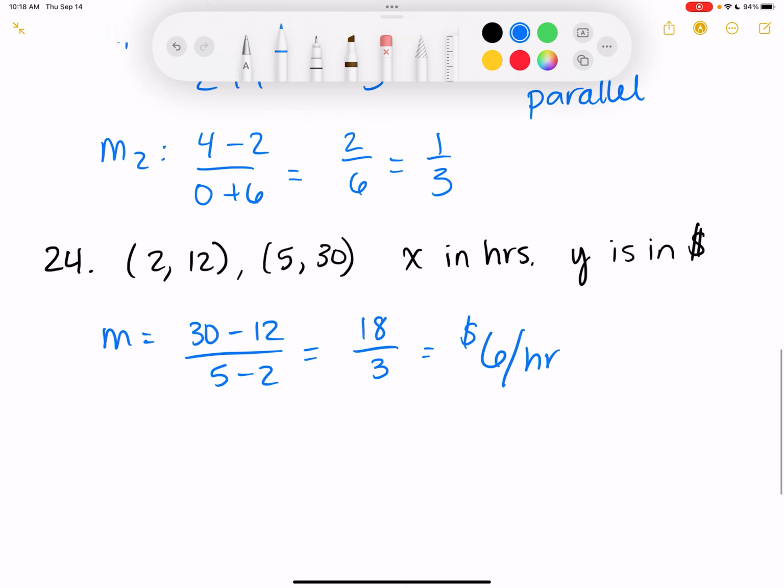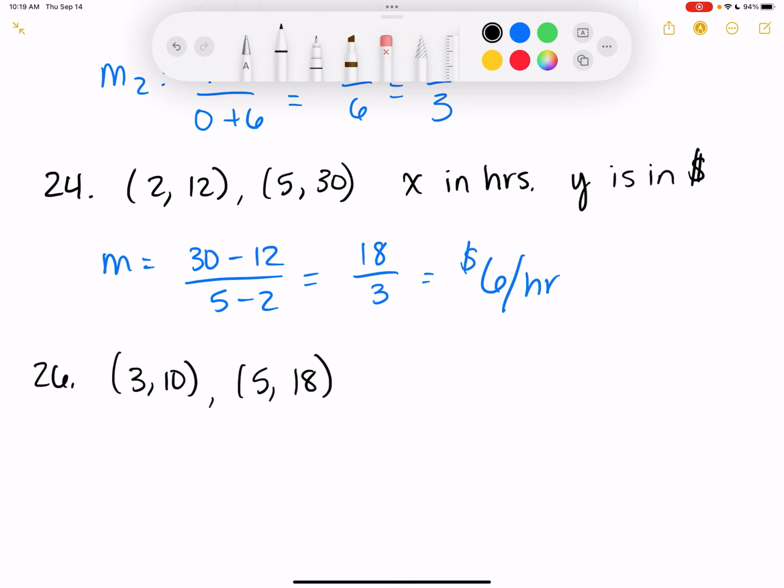All right, last one, and then we'll be done. 3, 10 and 5, 18. And it says that X is in seconds and Y is in feet.